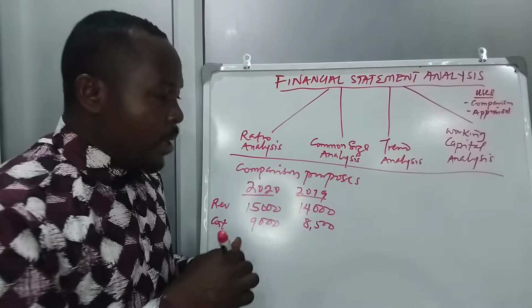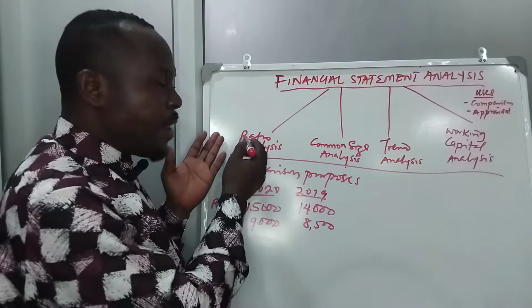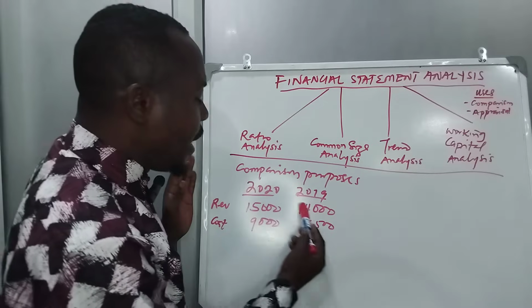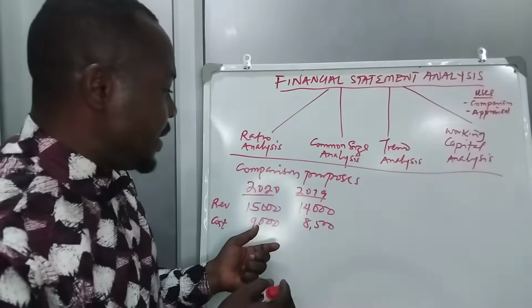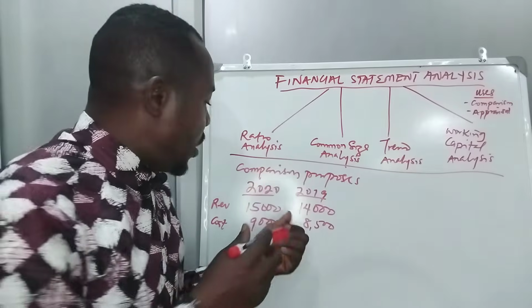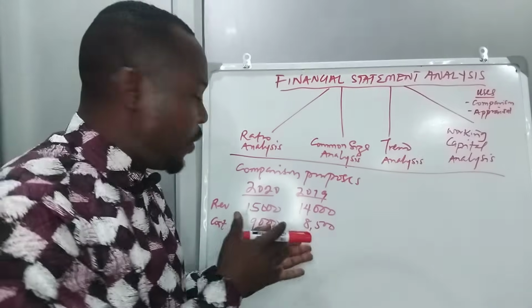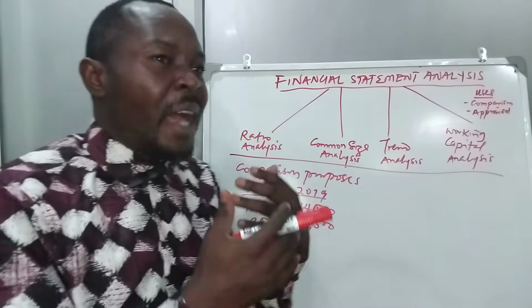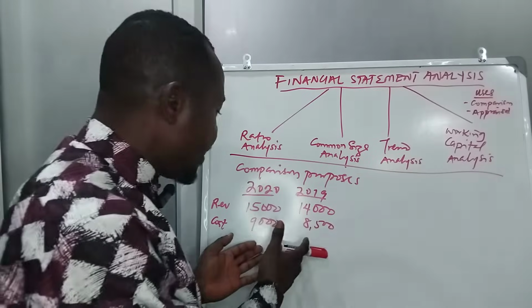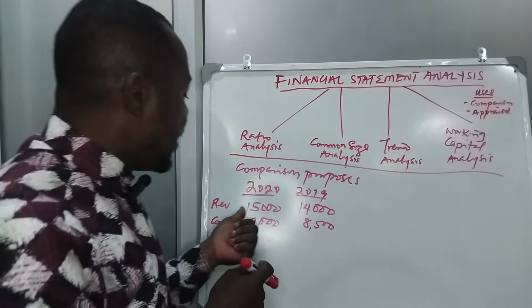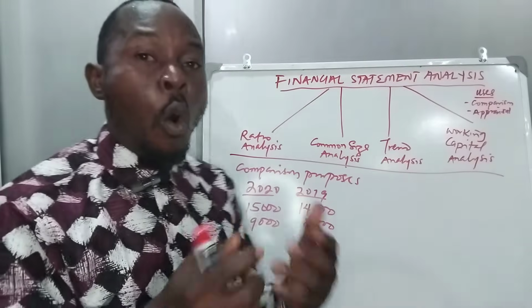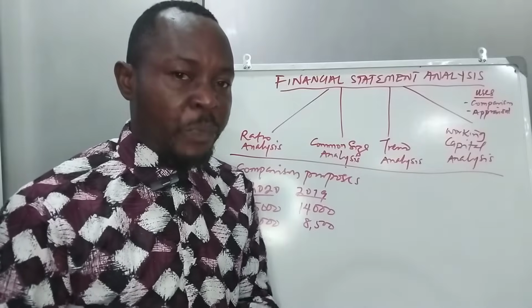Now, your ability to use the ratio to compare these 2 years will give you an eye-opener whether the entity is doing well or is moving forward in terms of revenue versus cost, or the entity is moving backward.